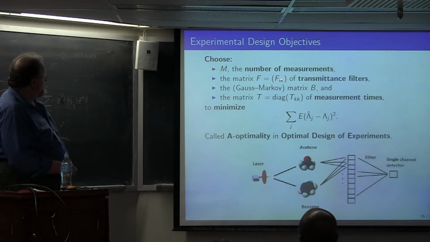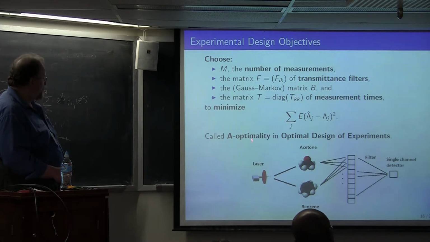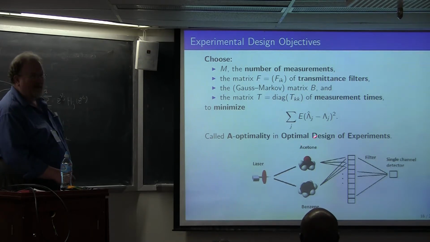You choose the matrix F of transmittance filters, this left inverse B, and this matrix of measurement times to minimize the sum of the variances of the rates. So that's what optimal means. This is called A-optimality. Okay, so this is what we're doing.